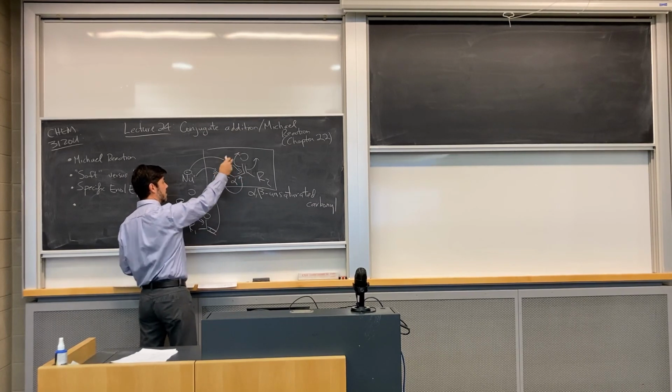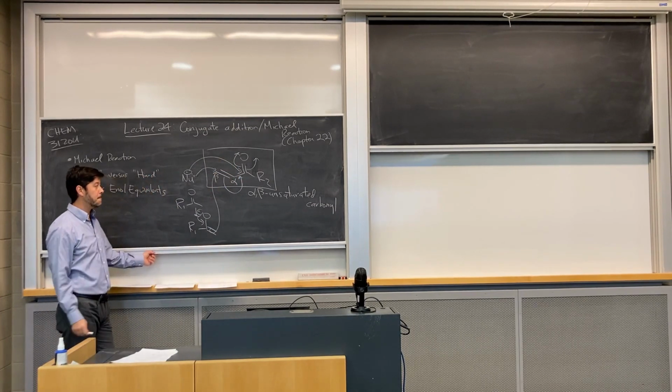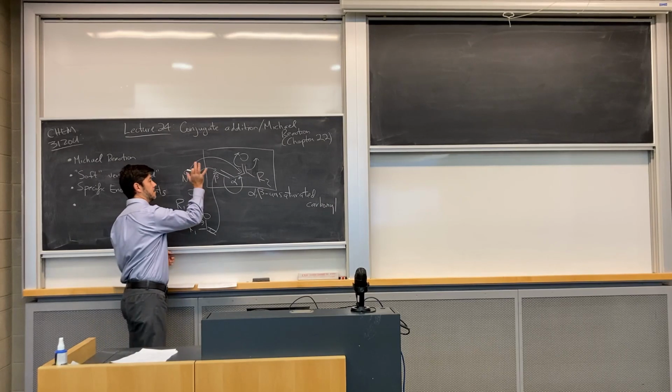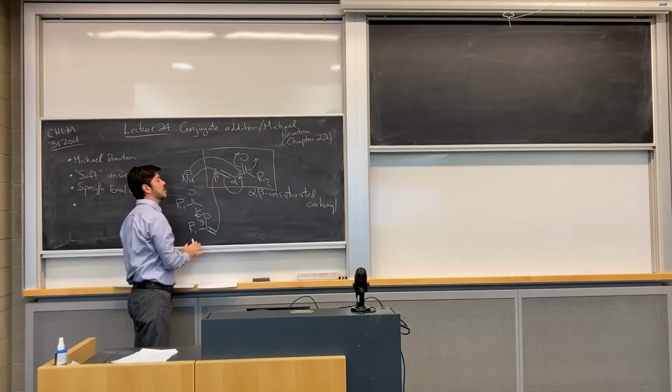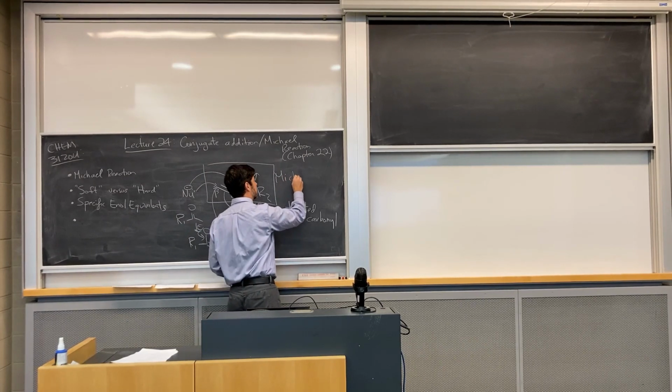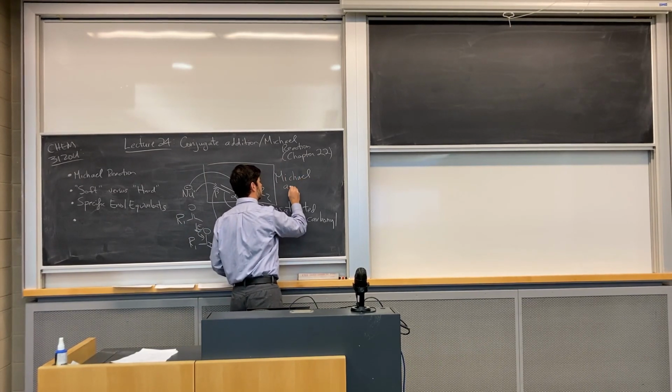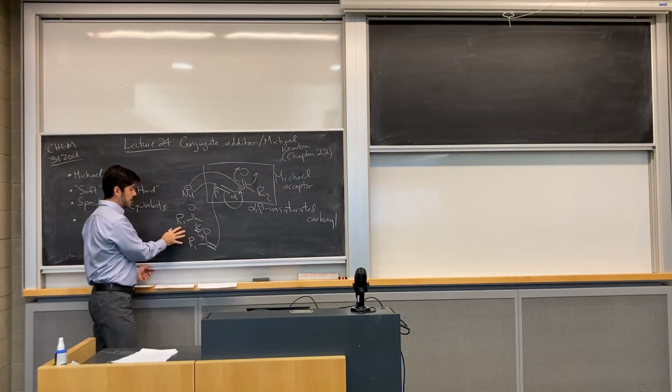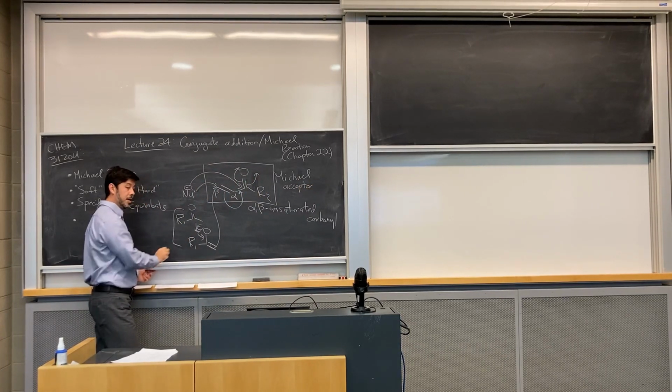Electrons would go up and so on. We call this part of the reaction the Michael acceptor, and this part the Michael donor.